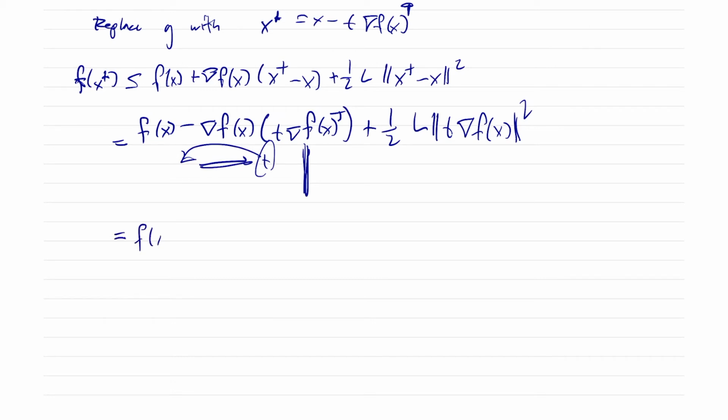So it's f of x minus t times the norm of the gradient of f of x. Remember, f is a scalar valued function, but a multivariable function. So we get this squared, a scalar minus a scalar, and we're happy with that so far, plus 1/2 L t squared of the norm of the gradient of f of x squared.